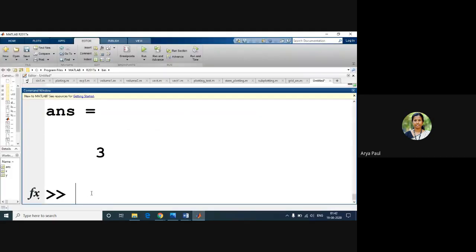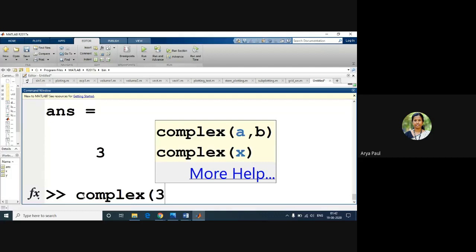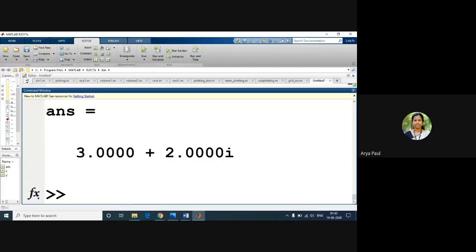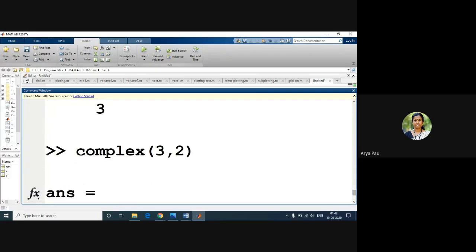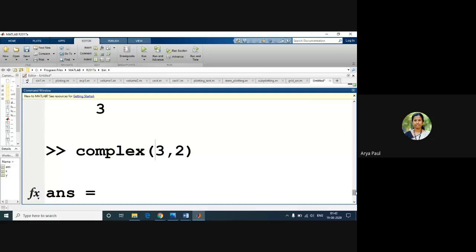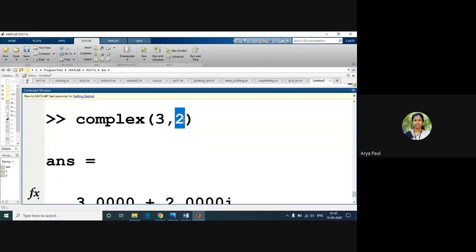Now I will introduce another function, complex. Complex of 3, 2 means this will be the real part and this will be the imaginary part.